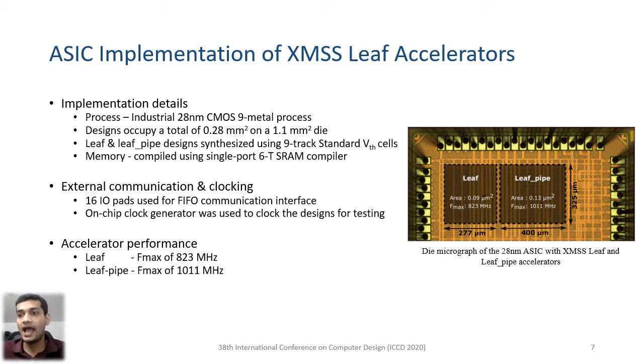The chip has 16 IOs dedicated to the XMSS accelerators and uses two-way FIFOs to service the requests to the accelerator. Leaf and LeafPipe accelerators can operate up to 800 MHz and 1 GHz respectively.